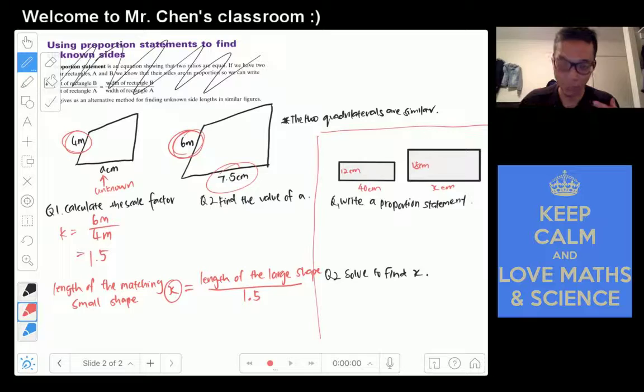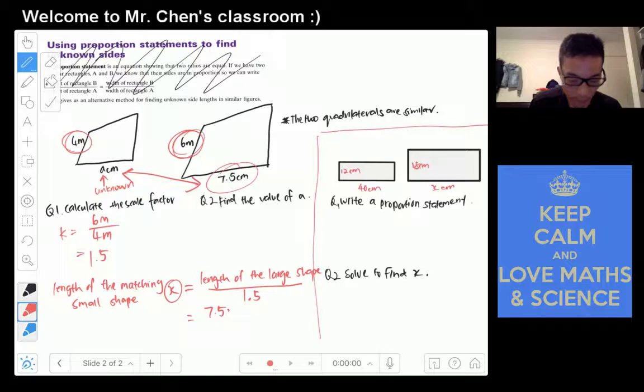So if that helps, what happens is it will be 7.5 because we want to use the matching side, the 7.5, it should be meters there. 7.5 meters divided by 1.5.